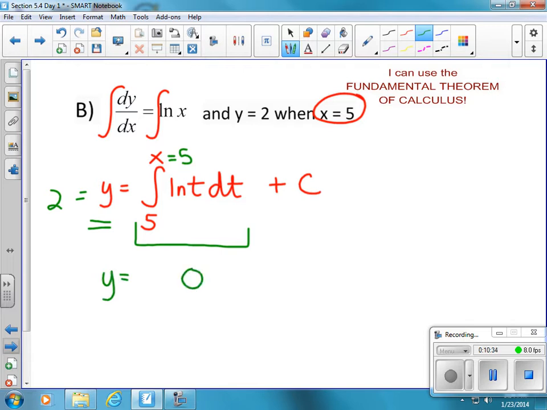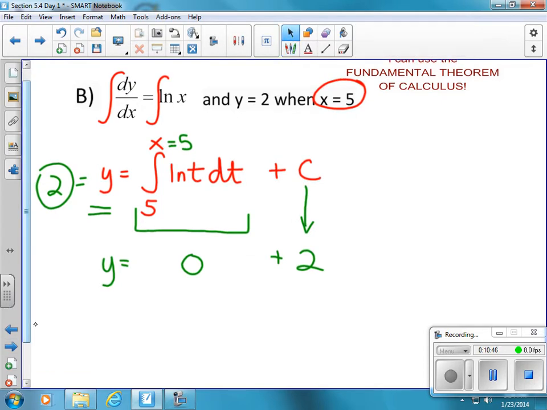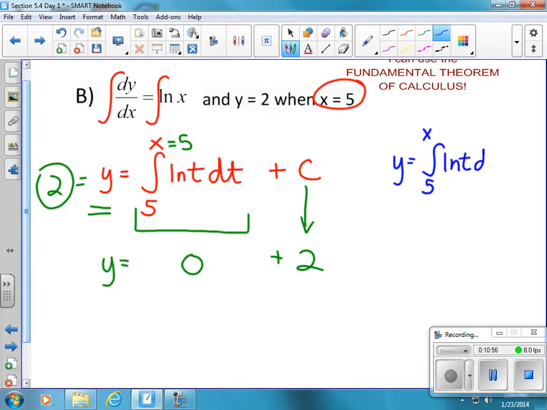Therefore, in order to make y equal to 2, our c is going to have to be 2, right? So in this case, if x is 5, c has to be 2. Therefore, our final function must look like this. Y equals the integral from 5 to x of ln of t dt plus 2.